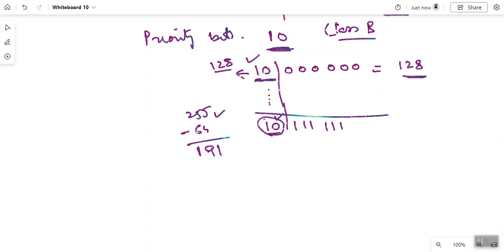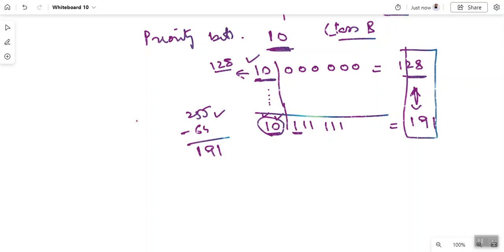The other way is to add the ones bits values: 128 plus 32, because 64 is not here, it is 0, plus 16 and so on, and you will get 191. So this is the range for class B IP address.